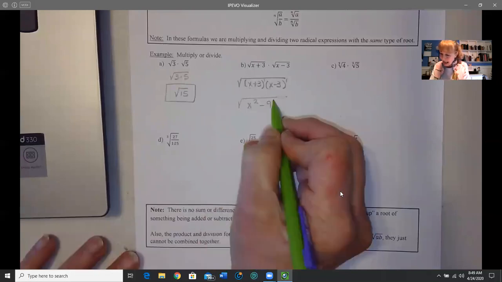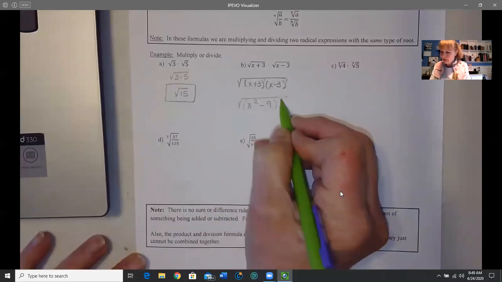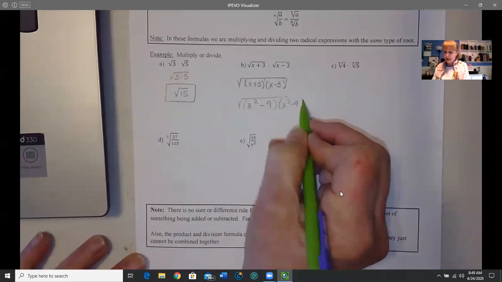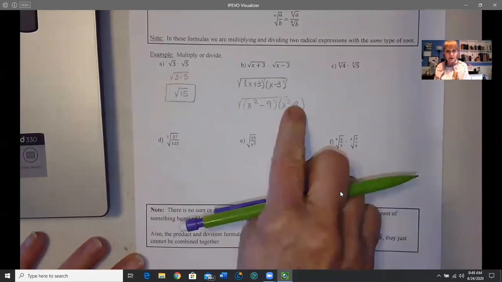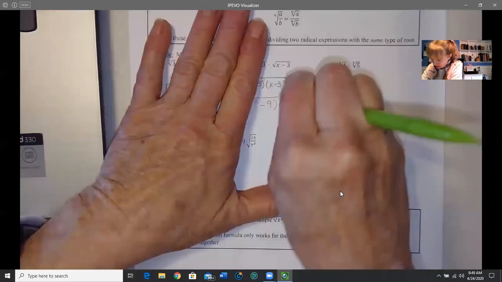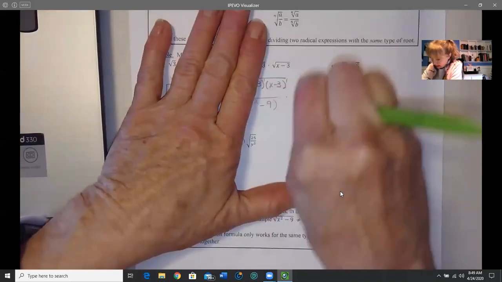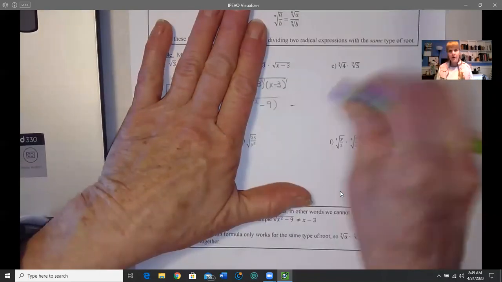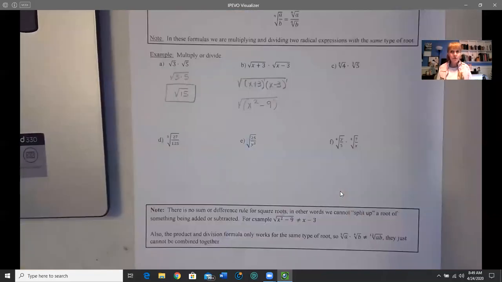I do not have another x squared minus 9. If I did, x squared minus 9 could come out, but I've only got 1 of those groups. So it stays as x squared minus 9. You'll have to have 2 of those groups in order to pull it out. So that is actually your answer.